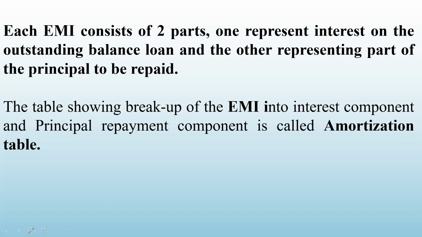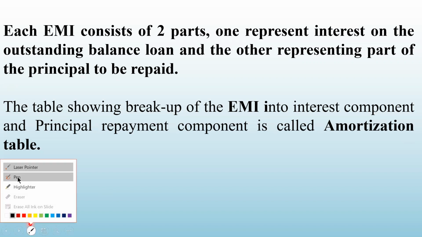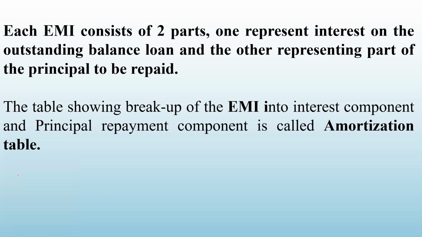Whenever you have taken a loan and you pay the installment, you are not paying exactly the amount which you have taken as the loan. You are also charged interest, correct? So whenever you pay the EMI of every month, this will be broken up into two parts. The first part will go in the payment of interest, and the second part will go in the principal repayment.